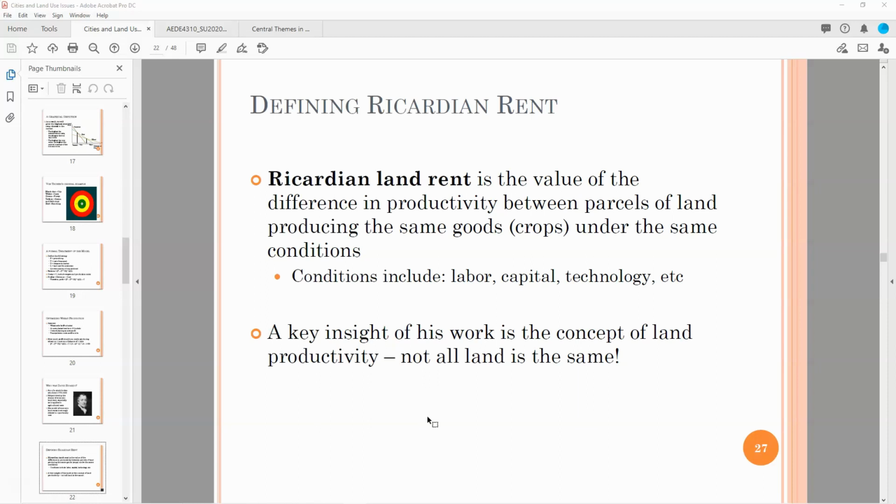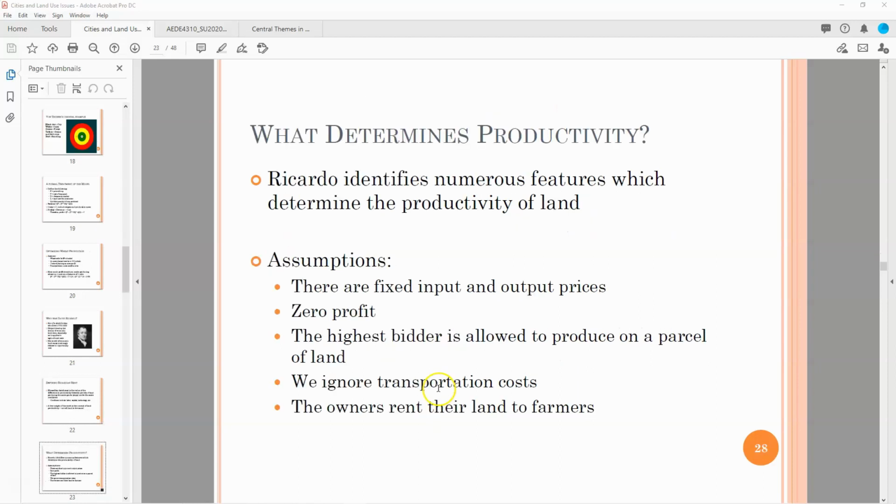A key insight of his work is the concept of land productivity. So he mentions that not all land is the same, and what determines land's productivity. Ricardo identifies several features which determine the productivity of land, and here are several assumptions he made.